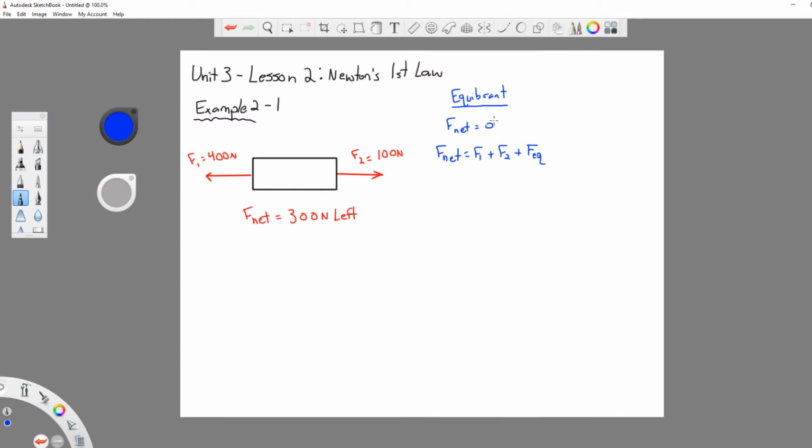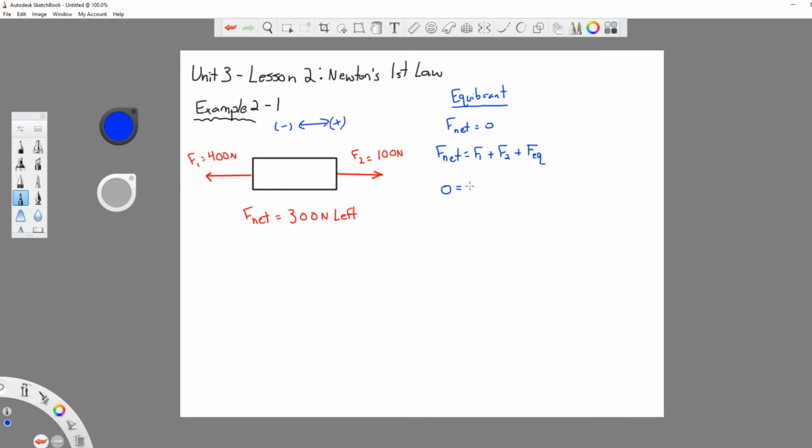Okay, well, in this new universe with the equilibrant value, F net is nothing, right? This equilibrant force is going to make the F net value 0. So let's start with 0 for F net. It is going to equal force 1. Well, in this case, I'm going to have left is negative, right is positive.